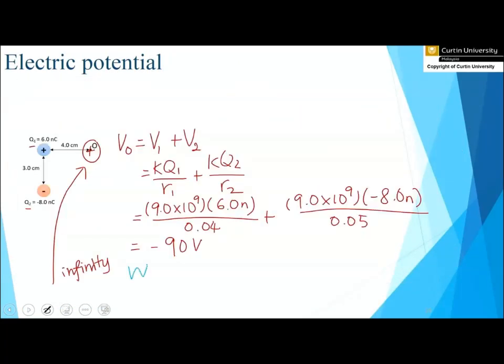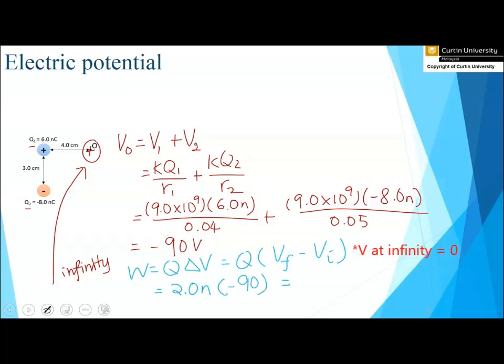So W equals Q times change in V, which is V final minus V initial. So 2.0 nano times 90 will give you negative 1.8 times 10 to the power of negative 7 joule. So this is how we can find the work done.